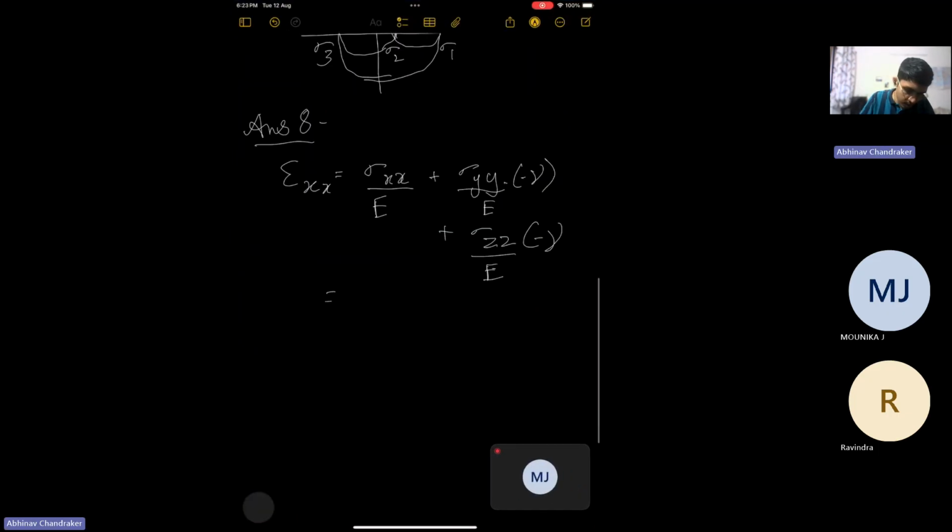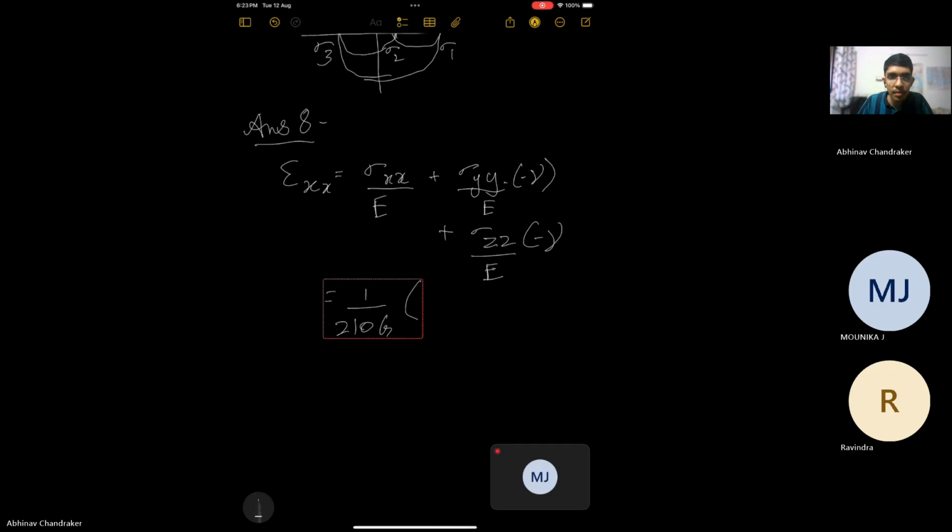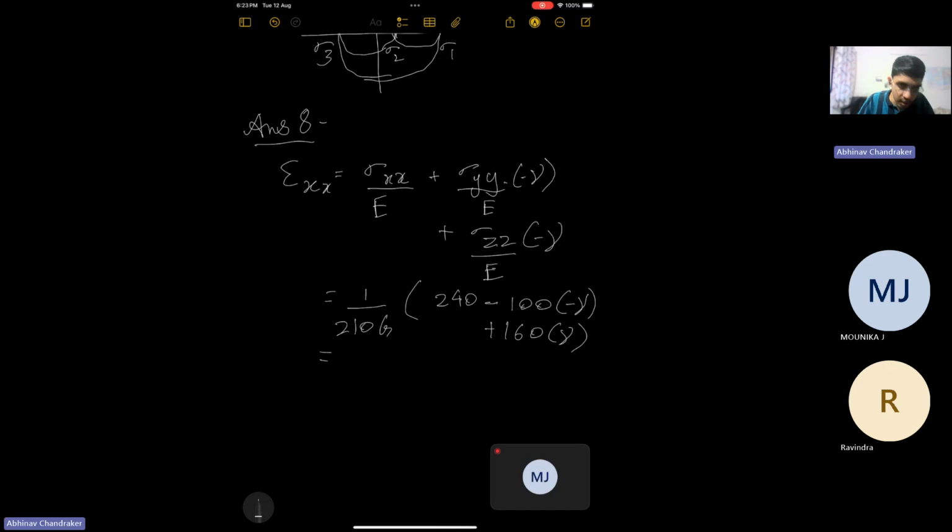Okay, so this will be 1 by 210 GPa into 240 minus 100 into minus mu plus 160 into mu, and mu is 0.33.